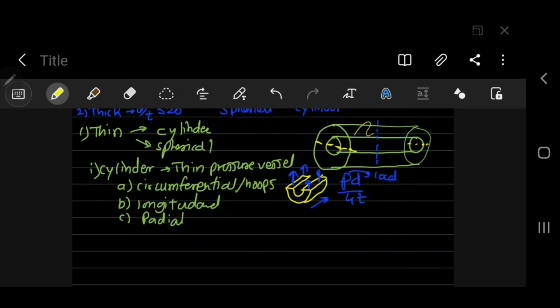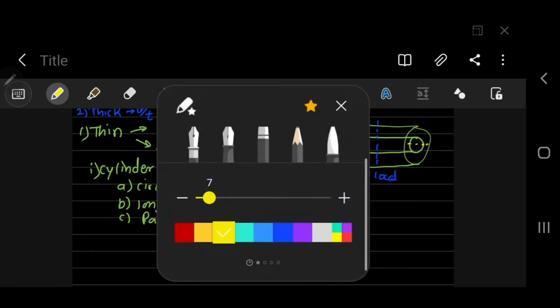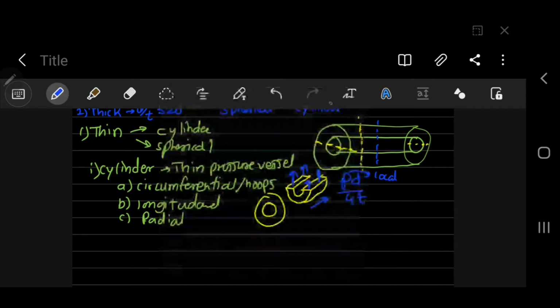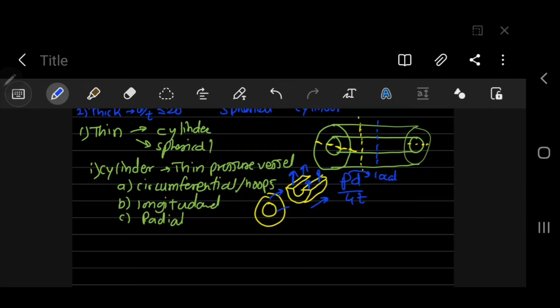Second one, if we cut the section like this, we will get a section like this, and the direction of the stress will be like this. That is, this stress will be along the longitudinal direction, the stress which comes in the length direction, and its magnitude will be PD by 2T.